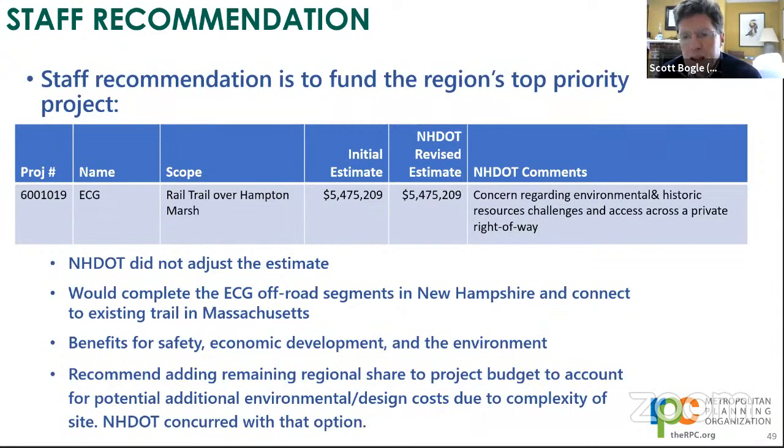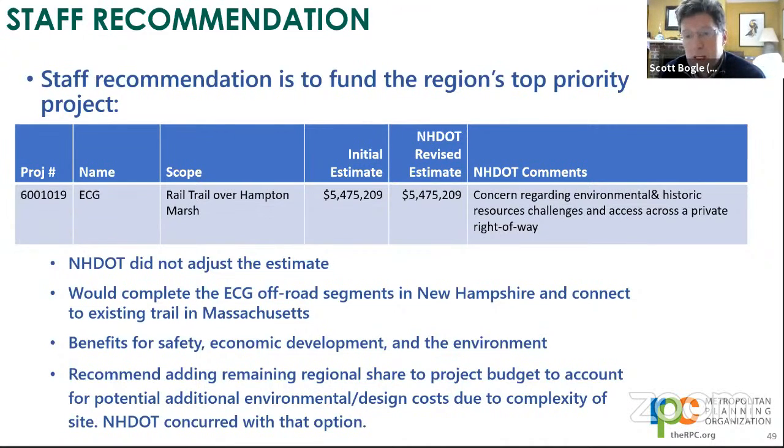And also, the way the conceptual design is now, we think it has the potential to contribute to marsh restoration. There was a conceptual design study with the UNH engineering department a number of years ago that recognized interests of several different state agencies in the marsh there.